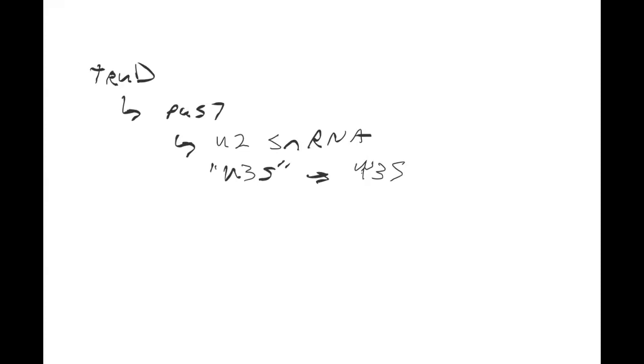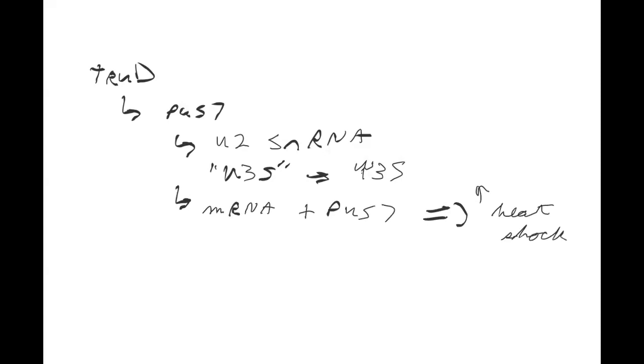Now, what is interesting is that they found that for messenger RNA, when you're using this PUS7, you actually get more heat stability. So it's called heat shock. It increases the heat shock.